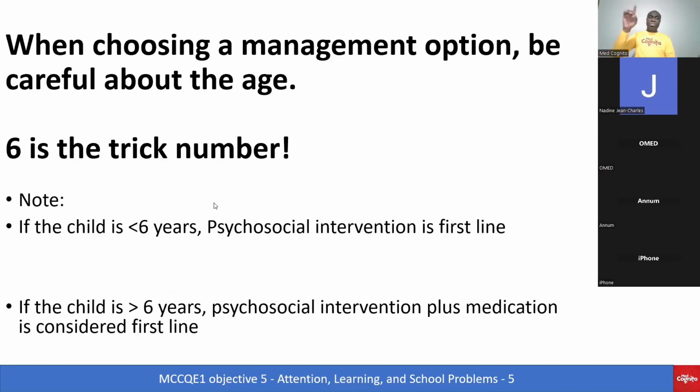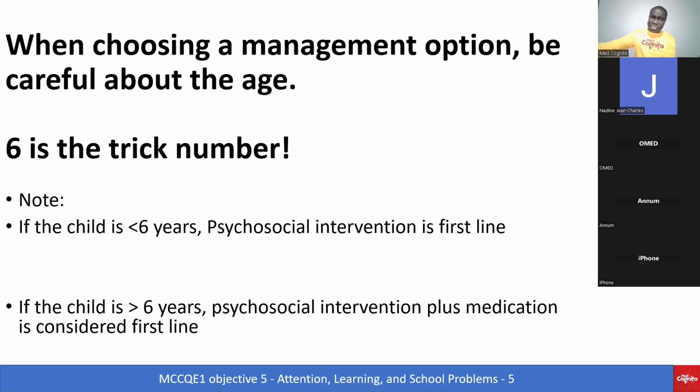But remember that I told you that there's something very important about the number 6. If in your exam you suspect that this child has ADHD and the child is, say, 7 years old, your approach is a bit different from a child who is 4 years old. Because remember that we said ADHD is diagnosed in children who are equal to or more than 4 years old. But number 6 is a very important number. What do I mean by that?